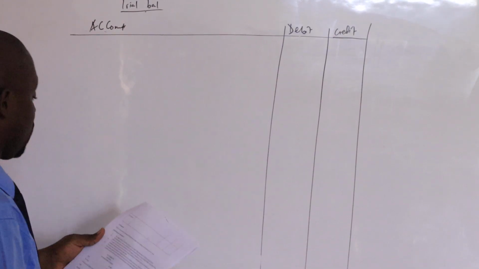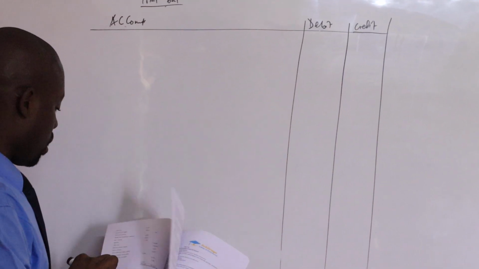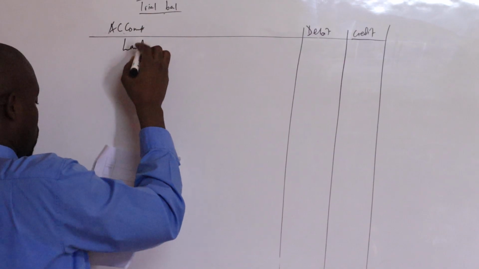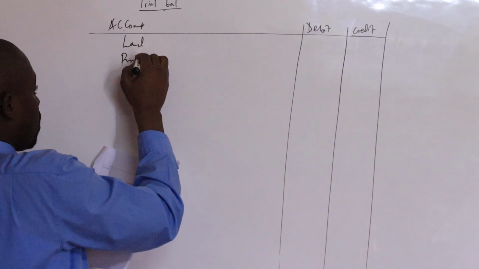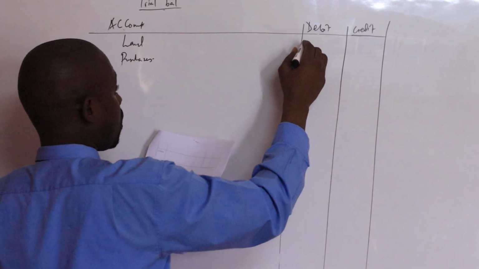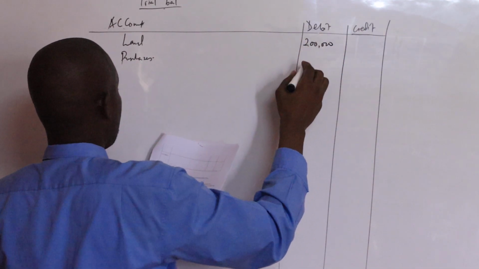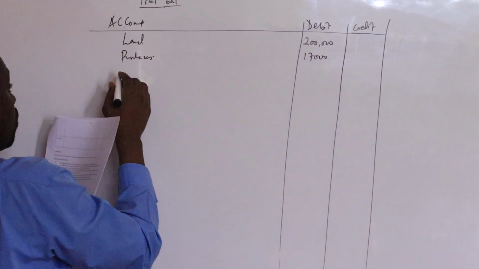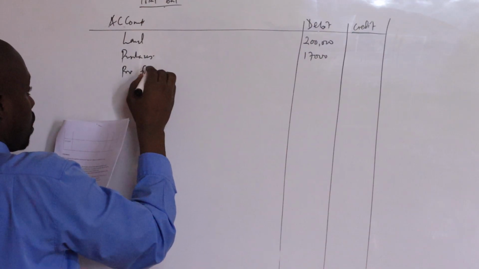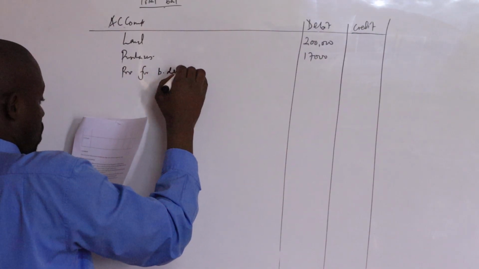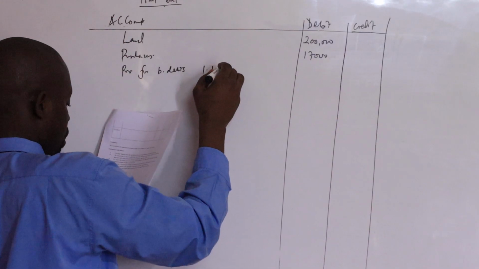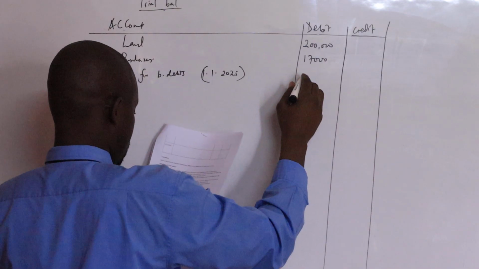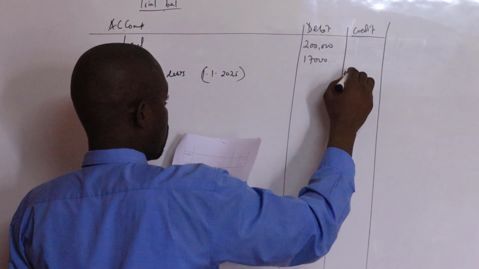First one is land. Not very big. Or I can do a smaller one than this. You've got land. You've got purchases. So land is 200,000. Purchases 17,000. Provision for bad debts, first January 2025, that is 400.